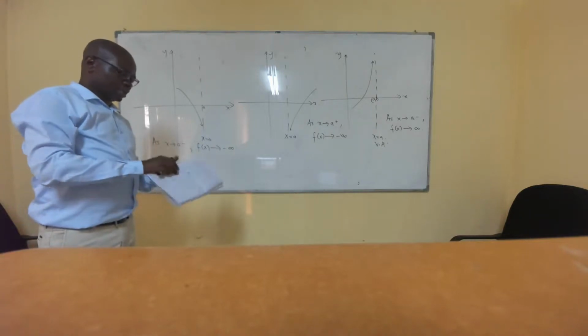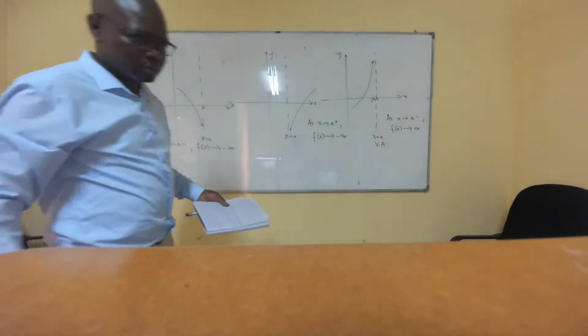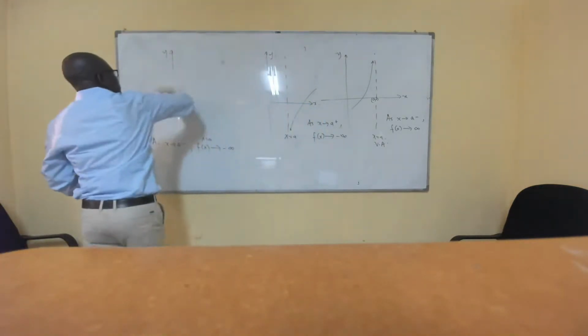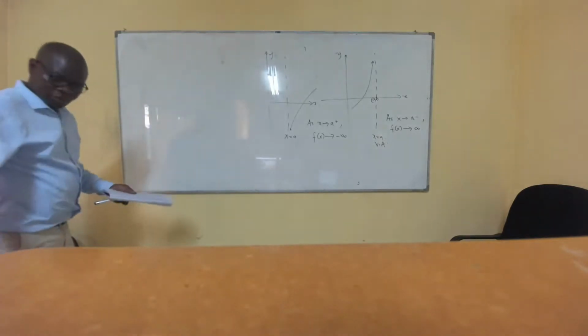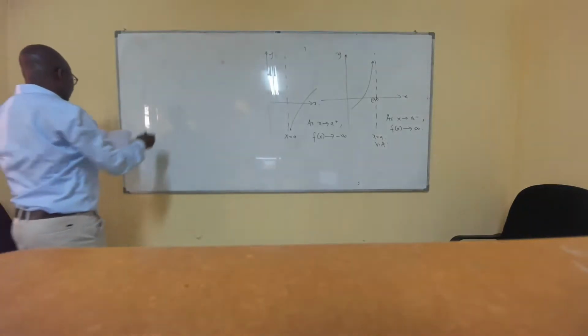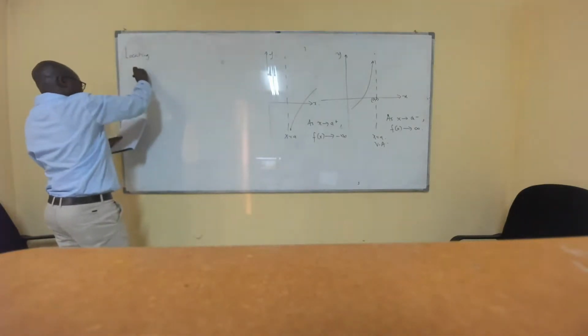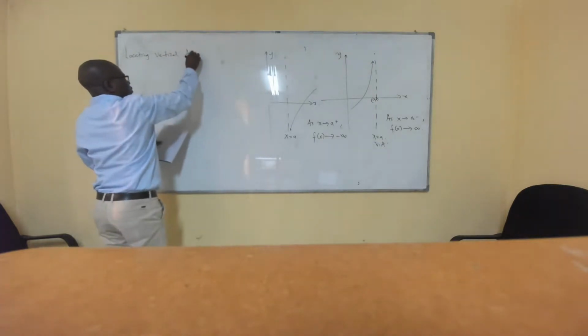So how do we locate vertical asymptotes? Locating vertical asymptotes.